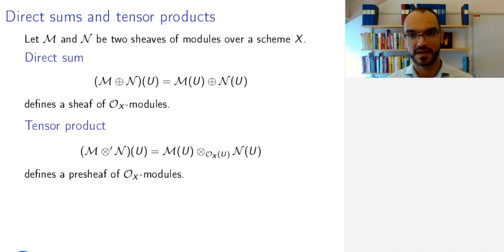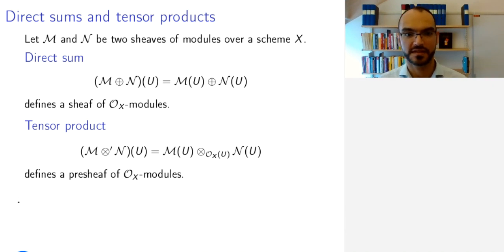The tensor product is a bit more problematic. So we define the tensor pre-sheaf with this asterisk in the naive way by taking the sort of local tensor product one open set at a time. But in general, this is not a sheaf.